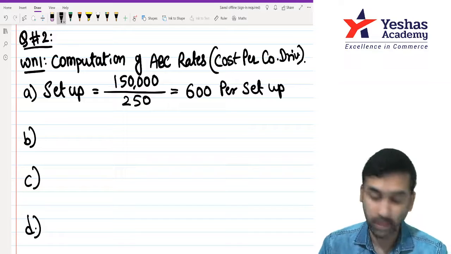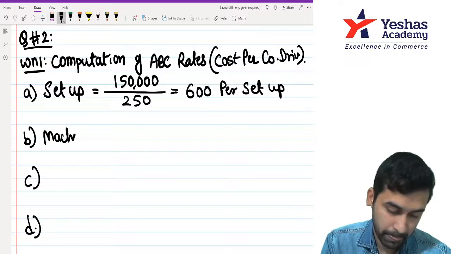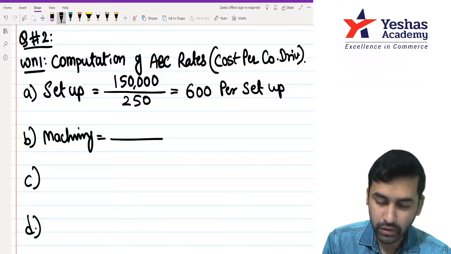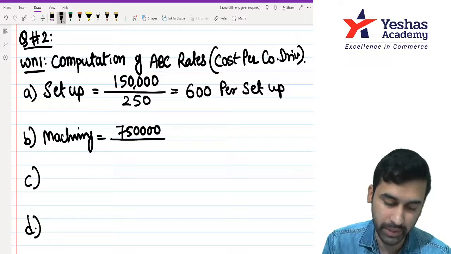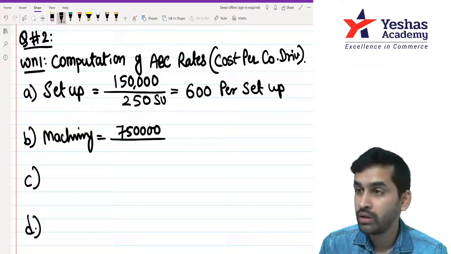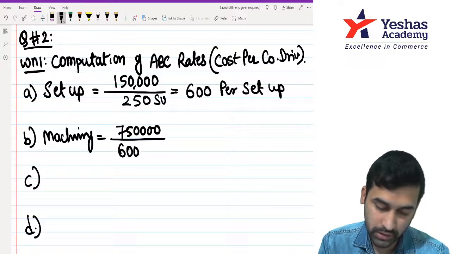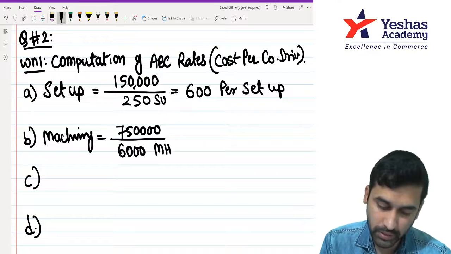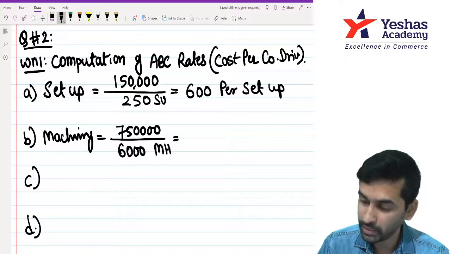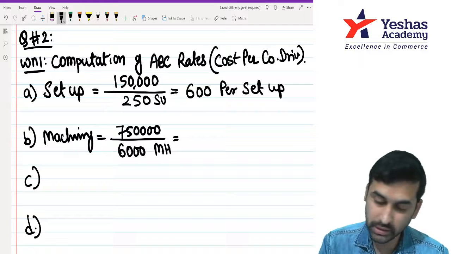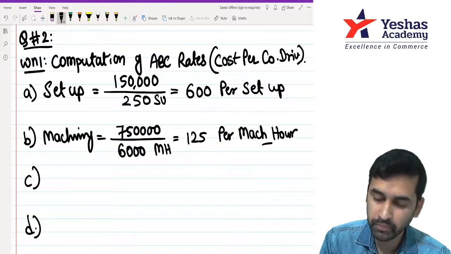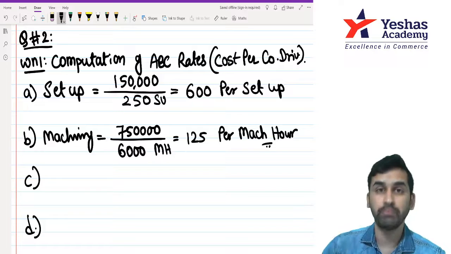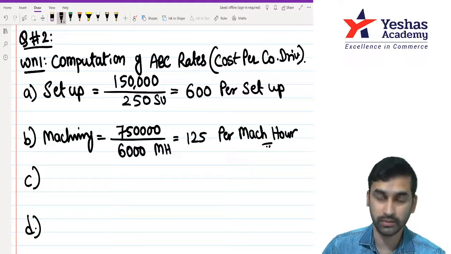Second one, machining. The numerator will be 7,50,000 rupees to be divided by 6,000 machine hours. 7,50,000 by 6,000 will be 125 per machine hour.